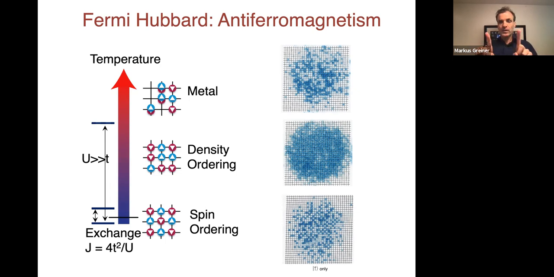But what happens, of course, is that you have super exchange interaction, meaning that particles virtually tunnel to the neighboring lattice sites, but they can only do that if they're in opposite spin. If they're in the same spin, it's completely Pauli forbidden. If they're in opposite spins, they go there virtually. And so this ability to swap lowers the energy, and that gives rise to an effective super exchange antiferromagnetic interaction if the interaction is repulsive.